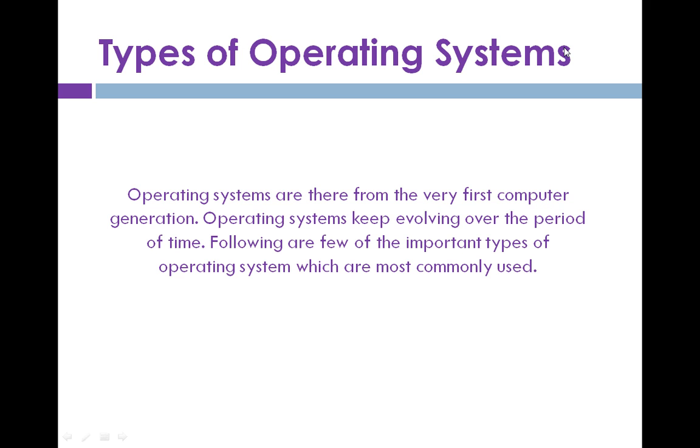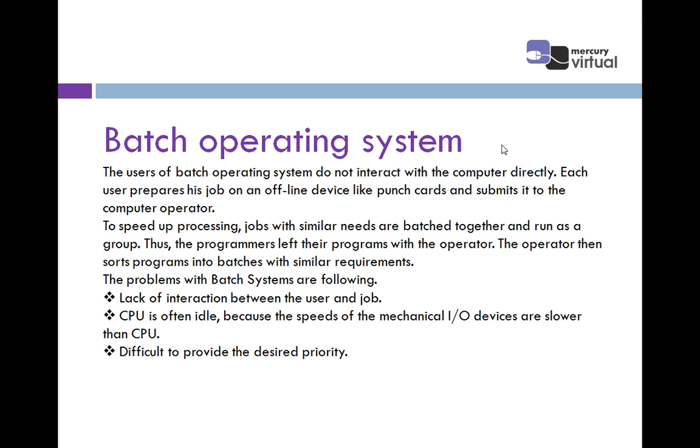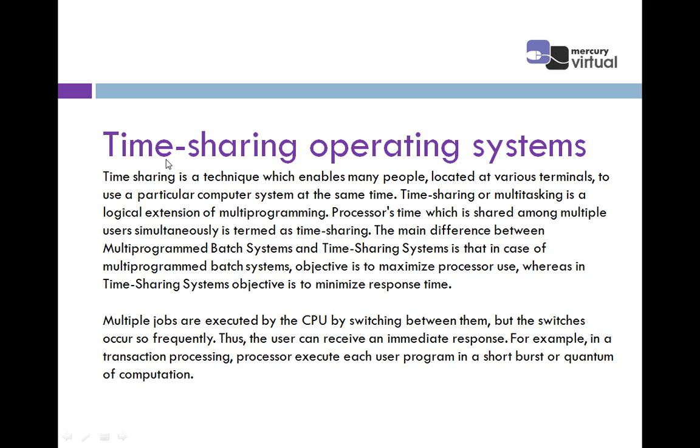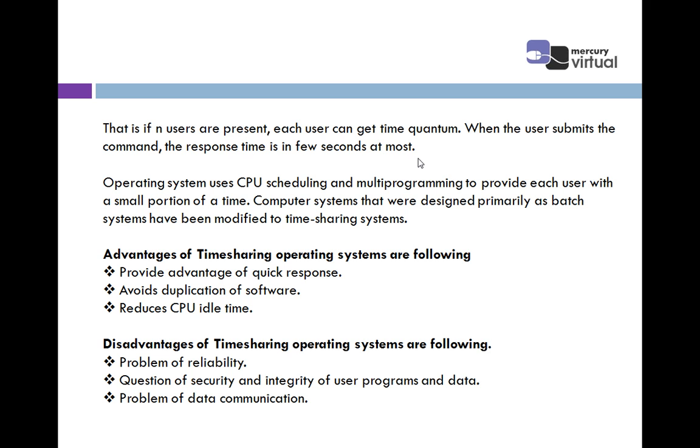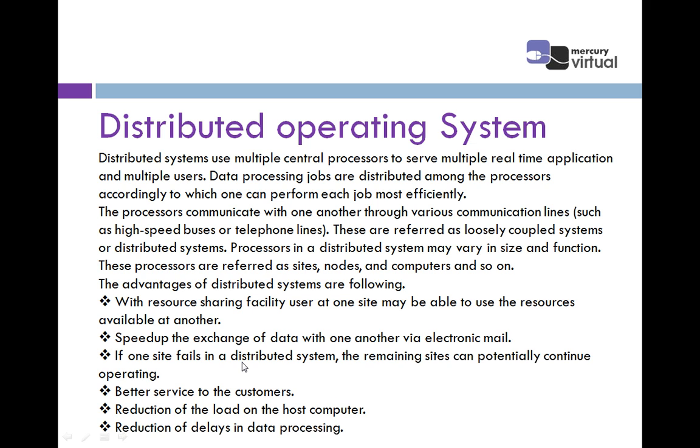Now, next topic is types of operating system. We discussed earlier. First is batch operating system. Means when we are using a group, then that group is handled by the batch operating system. There is a time sharing operating system in which different users can share the time. Then there are some pros and cons, or advantages and disadvantages, of time sharing operating system.